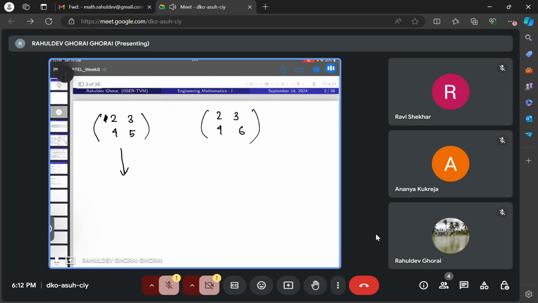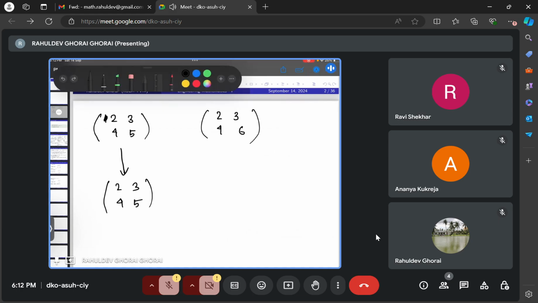So here you see what I will do. Here is 2, 3, 4, 5. The first entry is already non-zero, so I'll try to make this quantity 0.